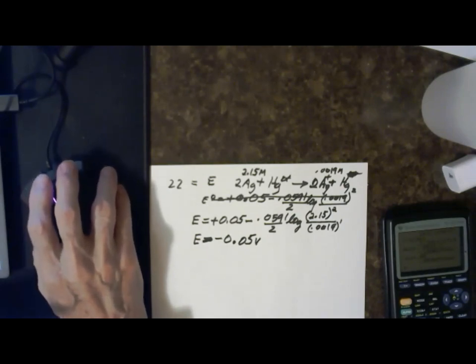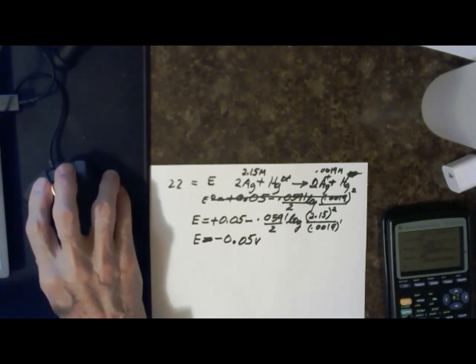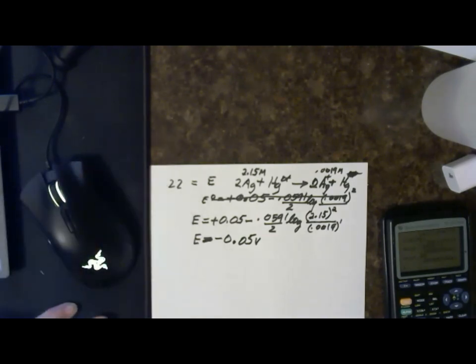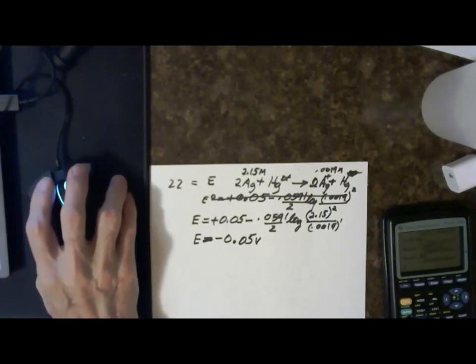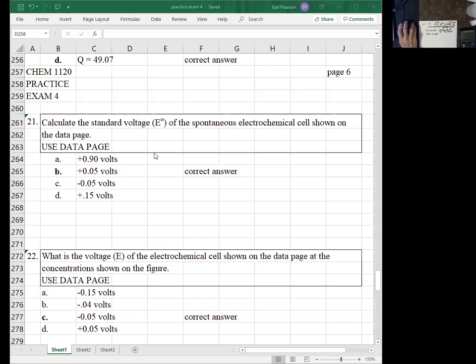Okay, the voltage for the cell is minus 0.05 volts, and if I share that screen with you, you can see we were successful. We got the standard voltage is 0.05, and we got the cell voltage at those concentrations at minus 0.05. So those two answers are both correct.